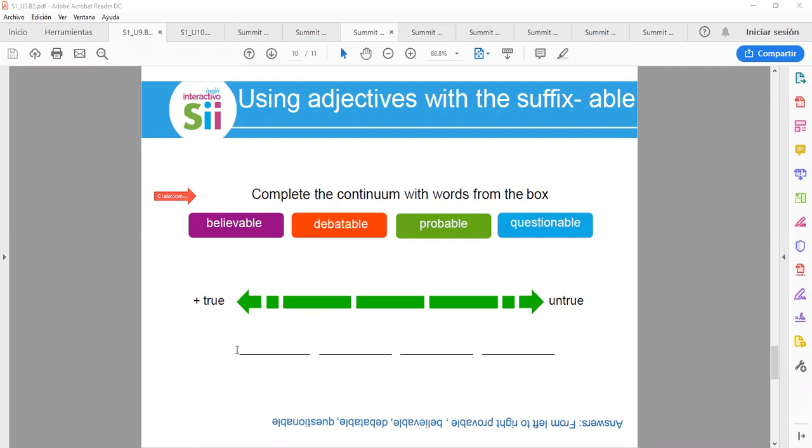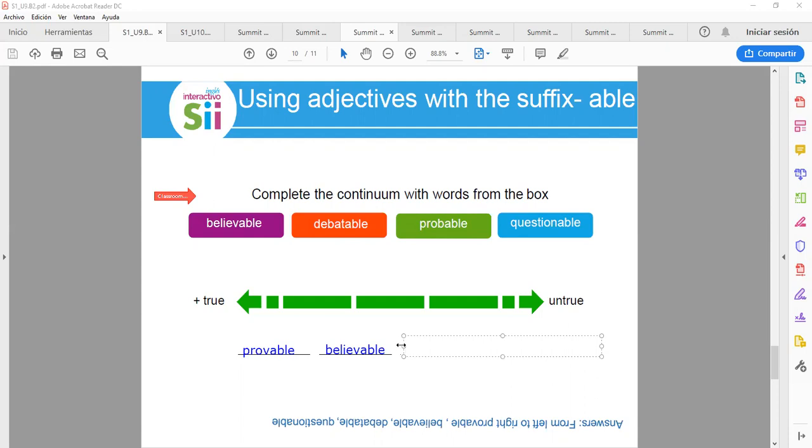Okay, so very true is probable. Okay. Next one. It is something that is believable. Okay, very good job. Let's go to the next.